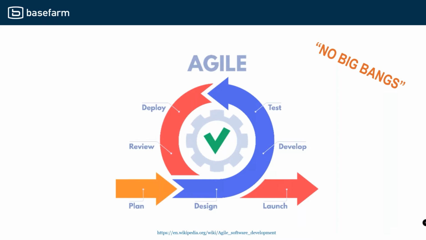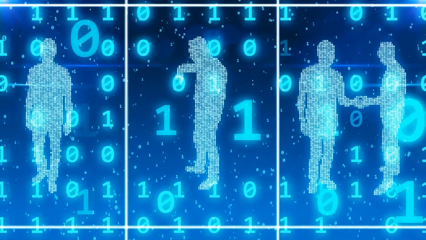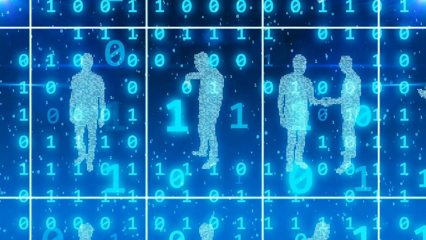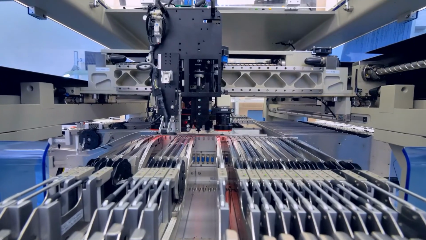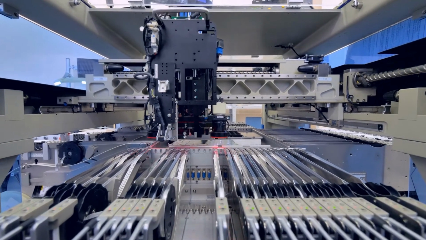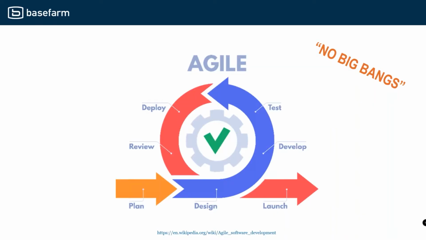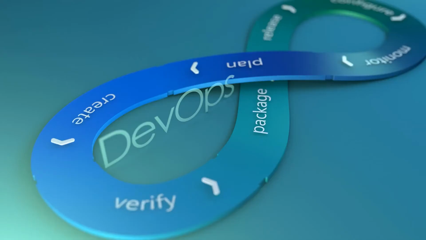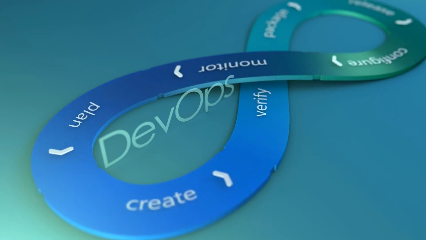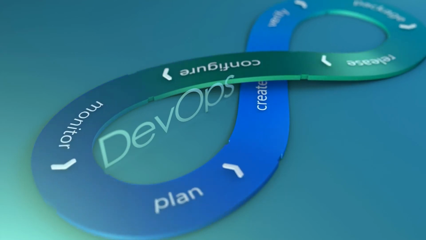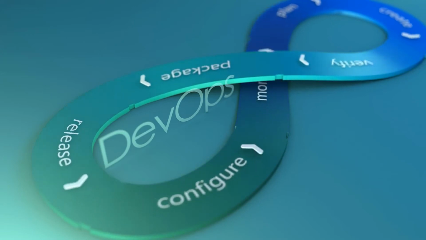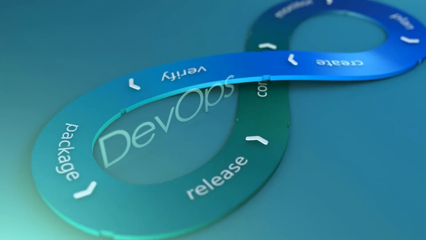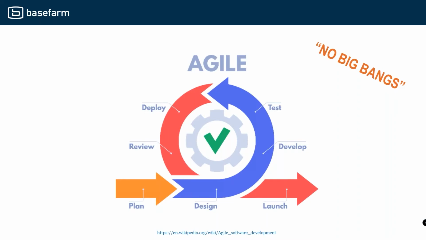However, it's sort of been hijacked by the software world, but it doesn't actually come from the software world. It comes from the physical car industry, Toyota and similar. But the core idea behind it is that you plan what you want to do, you design it, you develop it, you test it, you deploy it, and then you review what you deployed, and then you cycle it over and over. So it's continuous improvement.